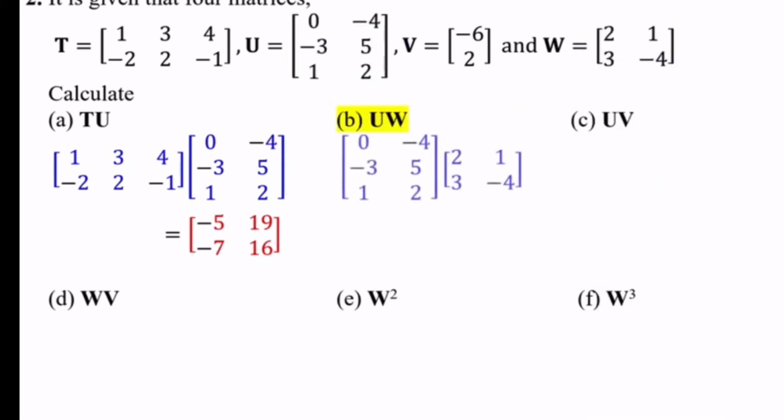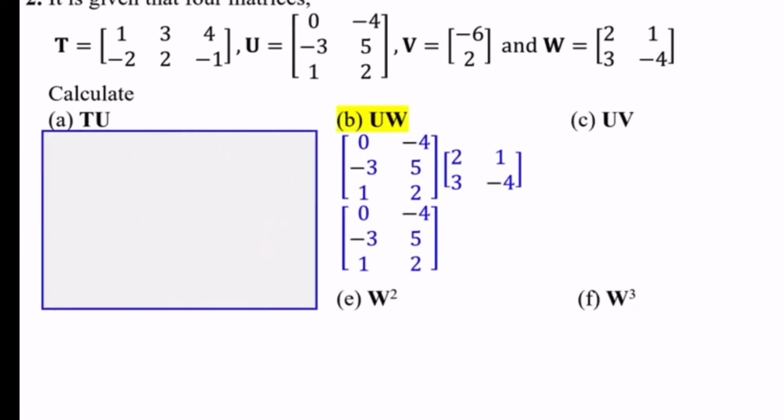For U times W, let's do it together. So we have 0, negative 4, negative 3, 5, 1, 2, and it's going to multiply by 2, 3, 1, negative 4. So it's 0 times 2 plus negative 4 times 3, we get negative 12.